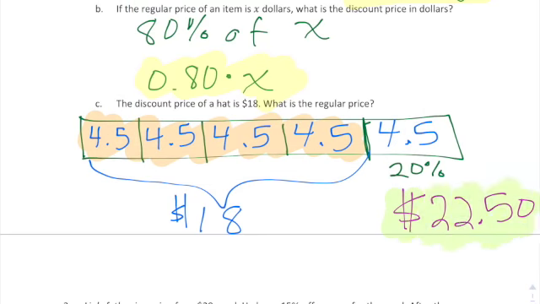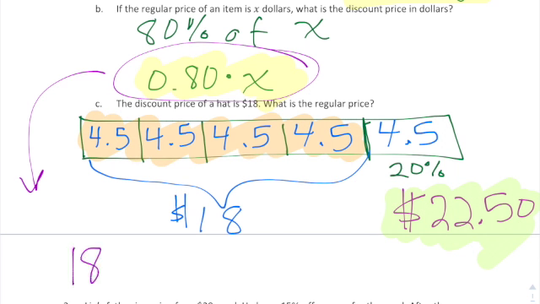Now, I could also have said, right, I could have taken this and said, well, 18 would be equal to 0.8x, right?